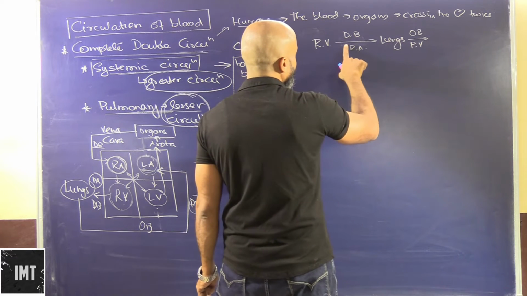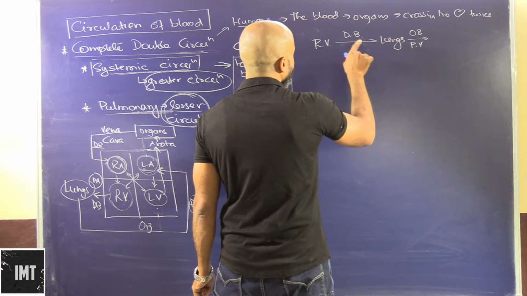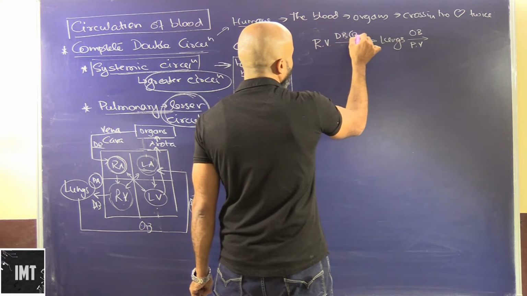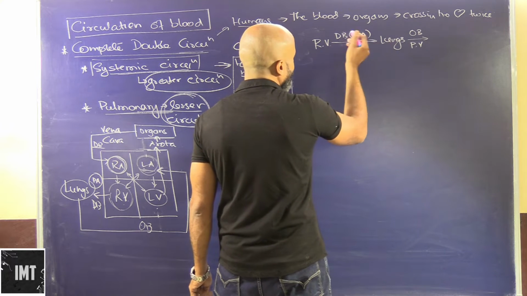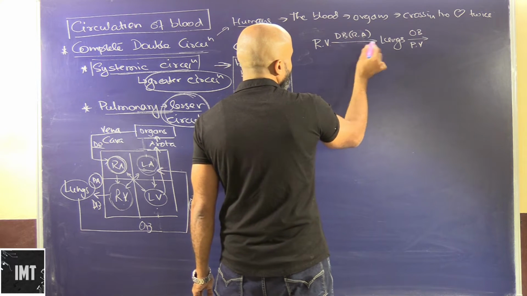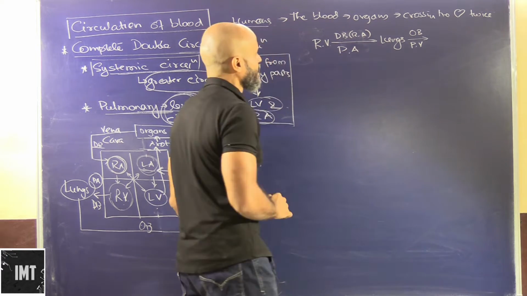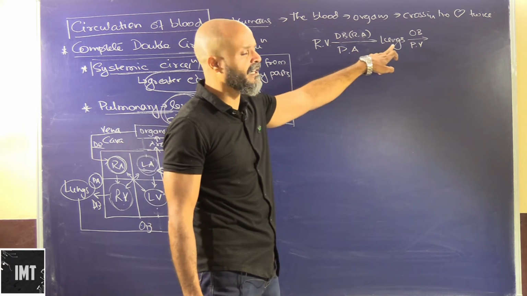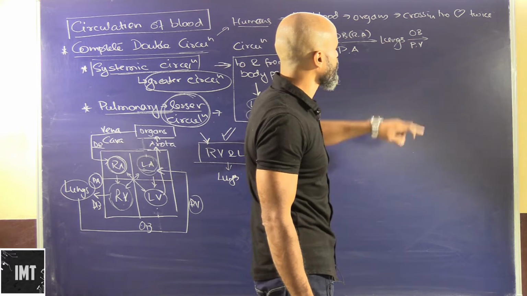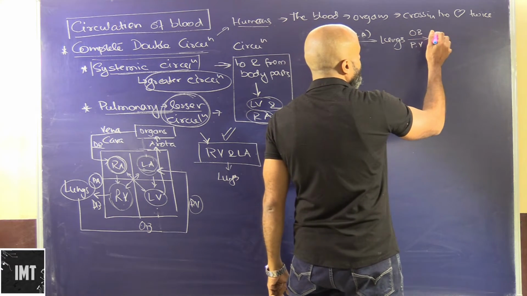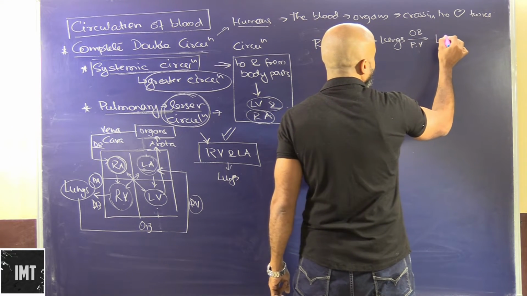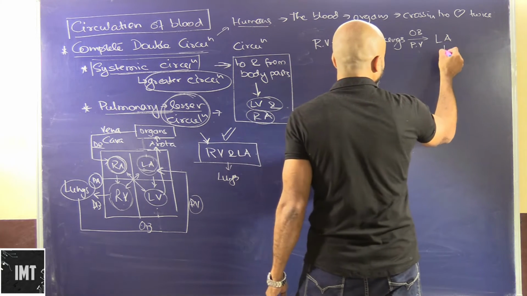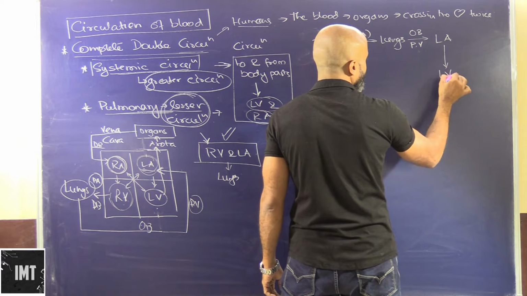The right ventricle pushes this blood into the lungs through the pulmonary artery. The lungs carry this oxygenated blood via the pulmonary veins all the way up to the left auricle. Now the left auricle pushes this to the left ventricle.